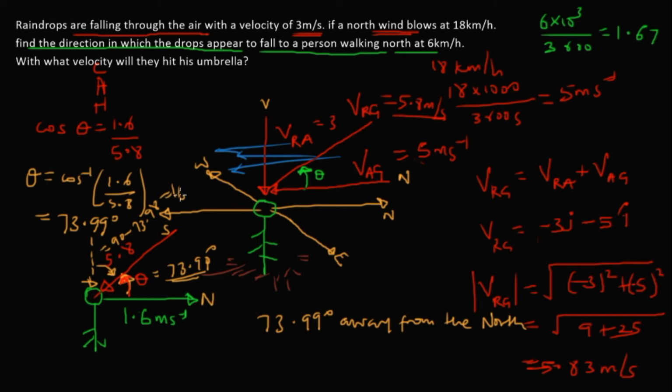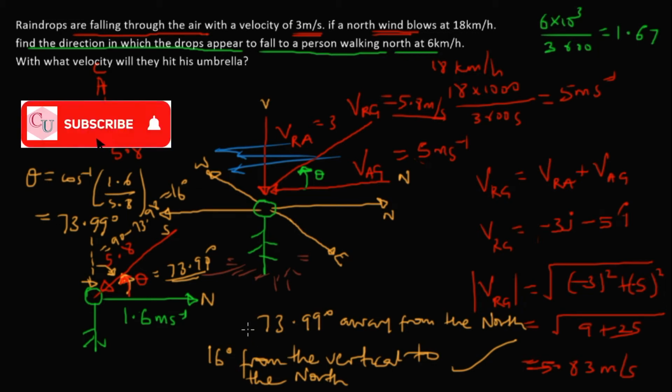So it means that from the vertical, the rain will fall 16 degrees from the vertical to the north. I think this is more precise. That is it. Let's solve the next problem.